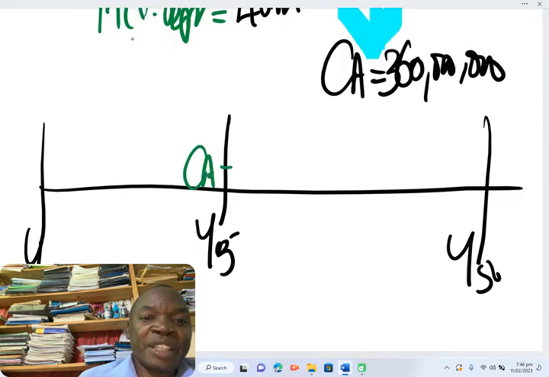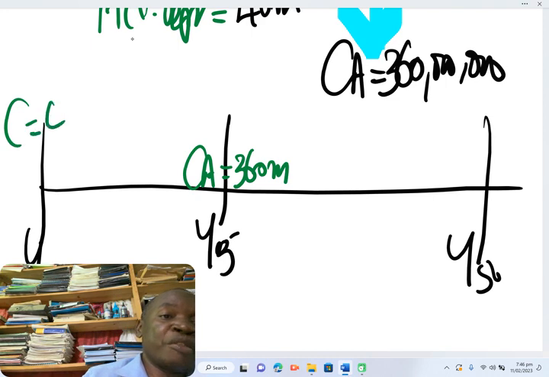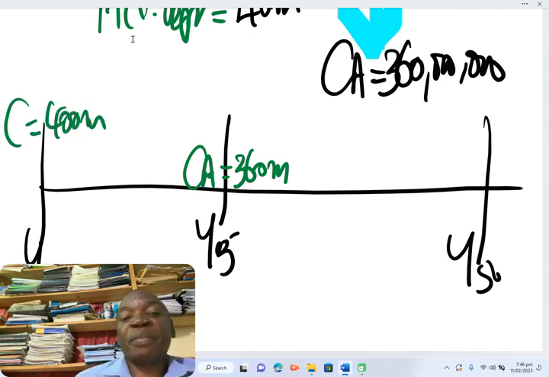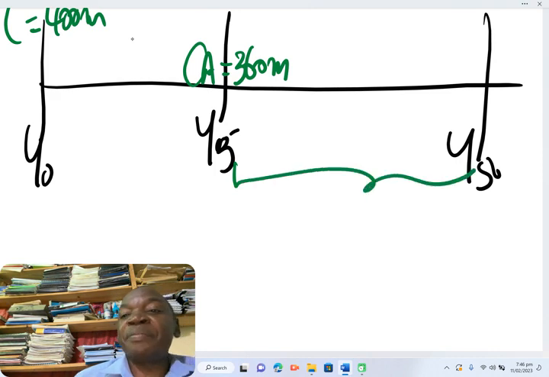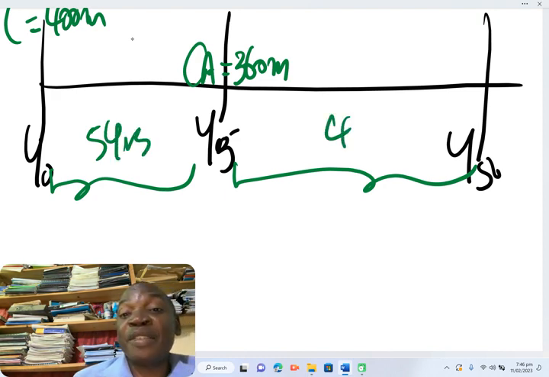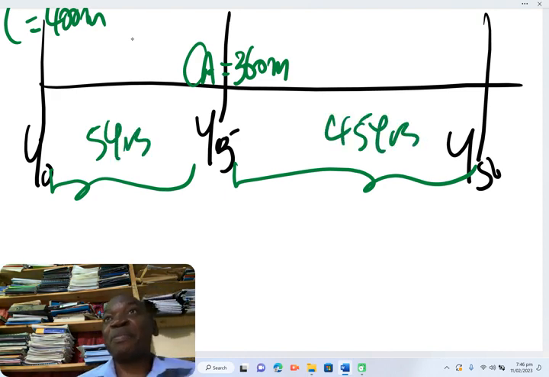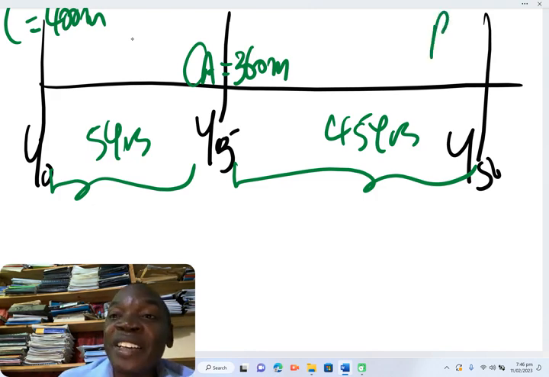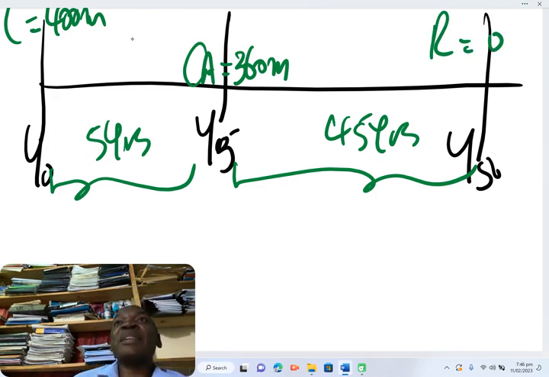Carrying amount is 360. Cost being 400 million. What was the remaining life here? From 50, so this is 5 years, and this is 45 years. Now, residual value here is 0. So the examiner is saying that instead of having remaining life of 45 years, now Kazimoto believes that the remaining life is what? 40.